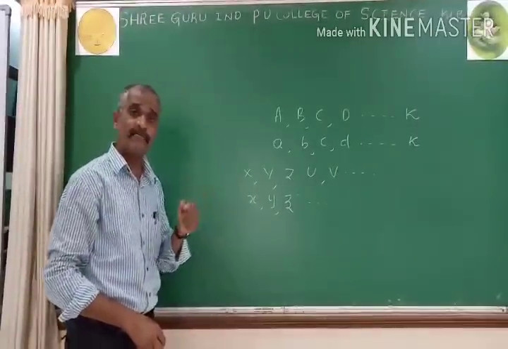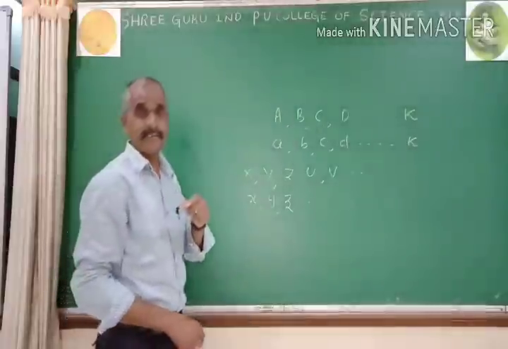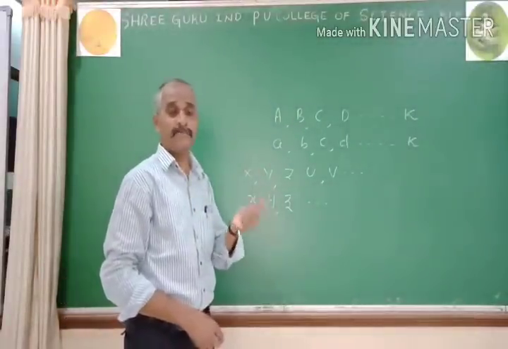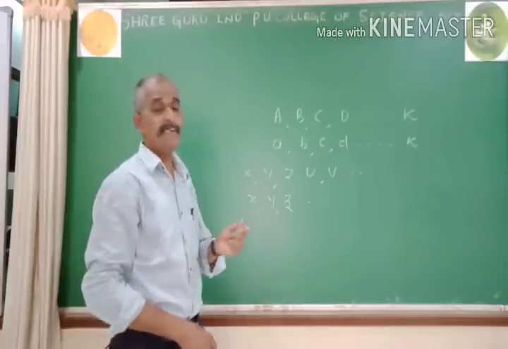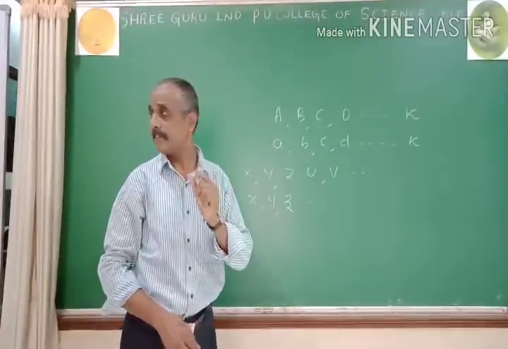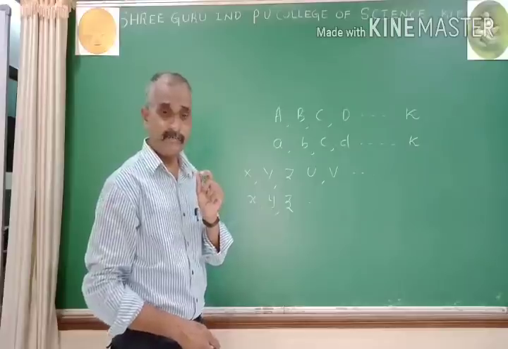The price of an item will not remain constant. It will go on changing. You can take the price of onion, tomato, any item you take, that value will go on changing. It is actually a variable.